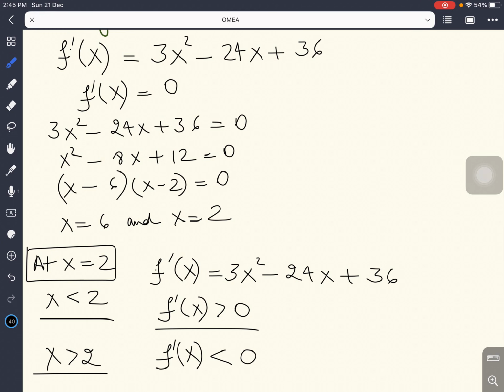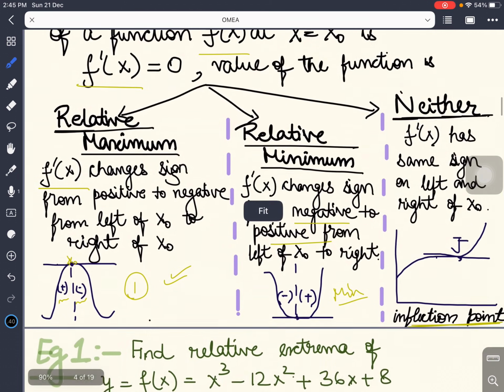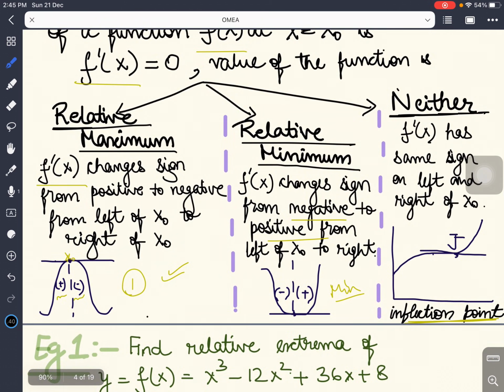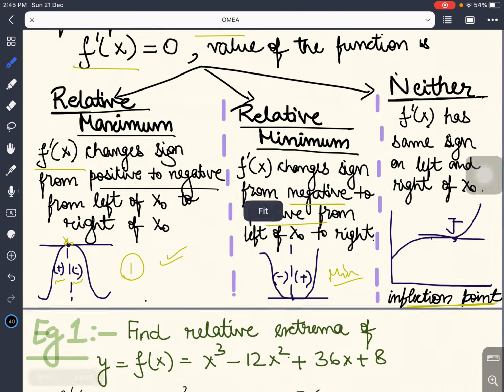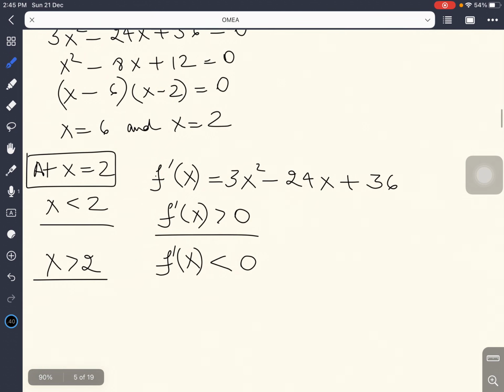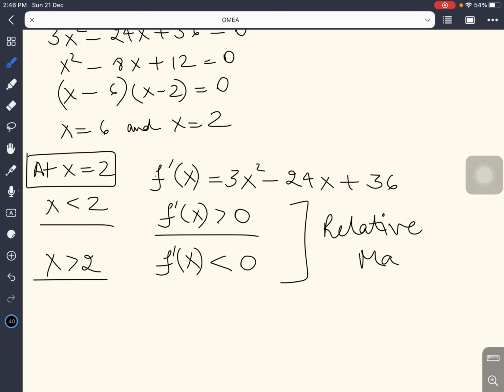Now what can we say? If the sign is changing from positive to negative, from the left of x naught to the right of x naught, it is a relative maximum point. So this indicates a relative maximum at x equal to 2.